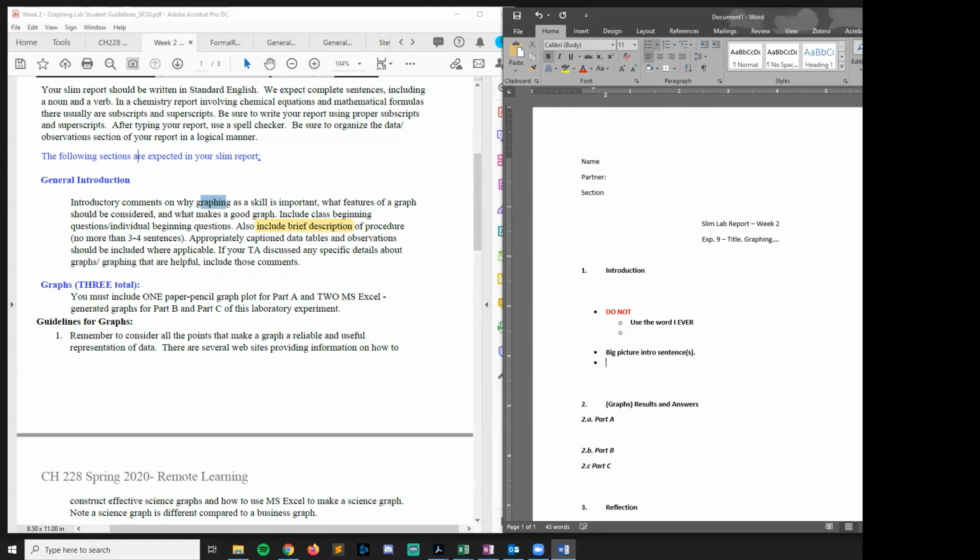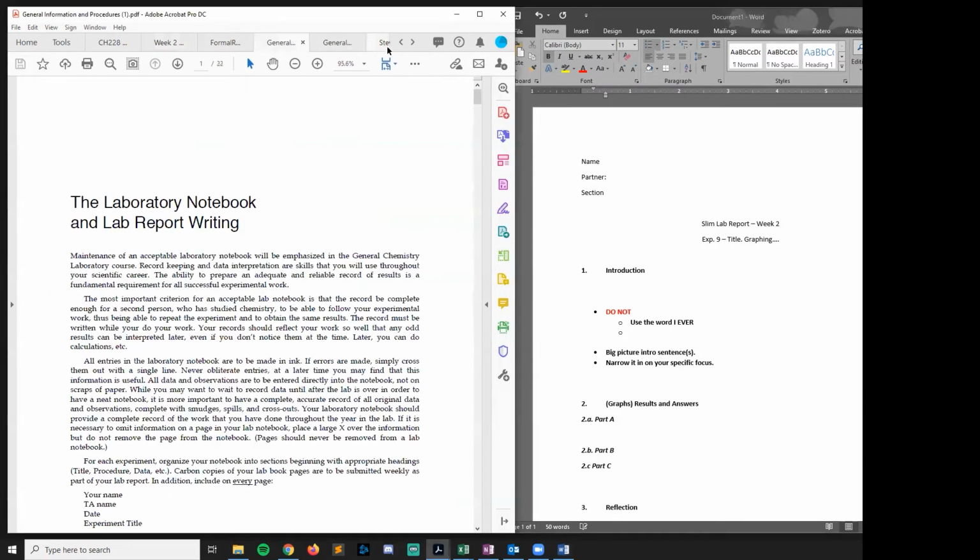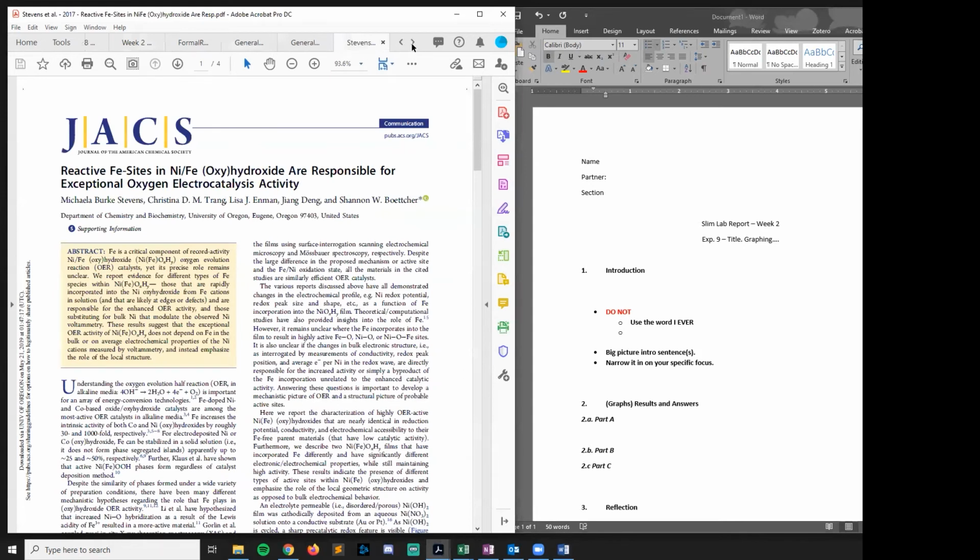And so after the big picture, then you want to go narrow, right? Narrow it in on your specific focus, right? So I'm going to pull up an example now before we get too far. Not that one.